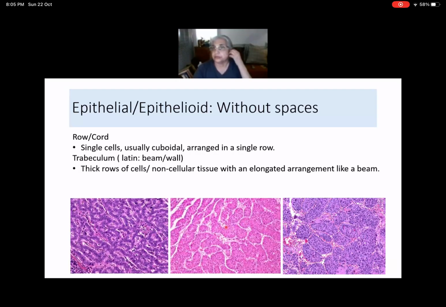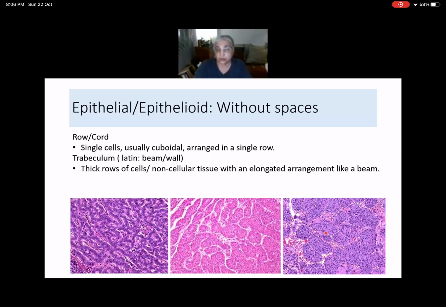Now here you have some other patterns. What is that? This is a row or a cord. Cells are usually cuboidal and arranged in a single row. What's the next one? It's a trabeculum. And as it was explained to you, this is a beam, like the beam in your house. It's a thicker thing, which has more rows than a single row that is called a cord or a row.